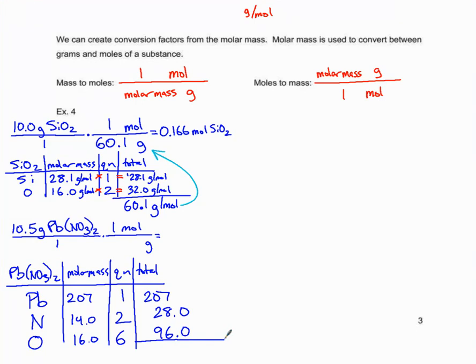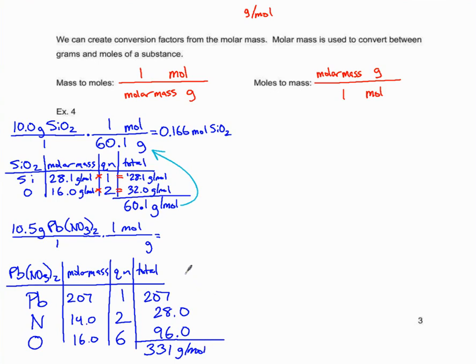The number with the least digits after the decimal determines the significant figures when we're talking about addition. So these point zeros are just going to disappear. So we start adding these up, 15, 21, and we've got 3. So we find that our molar mass is 331 grams per mole.